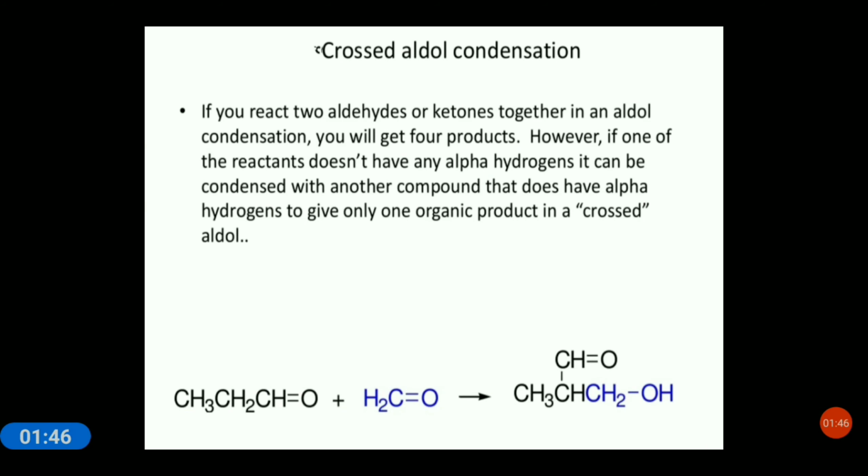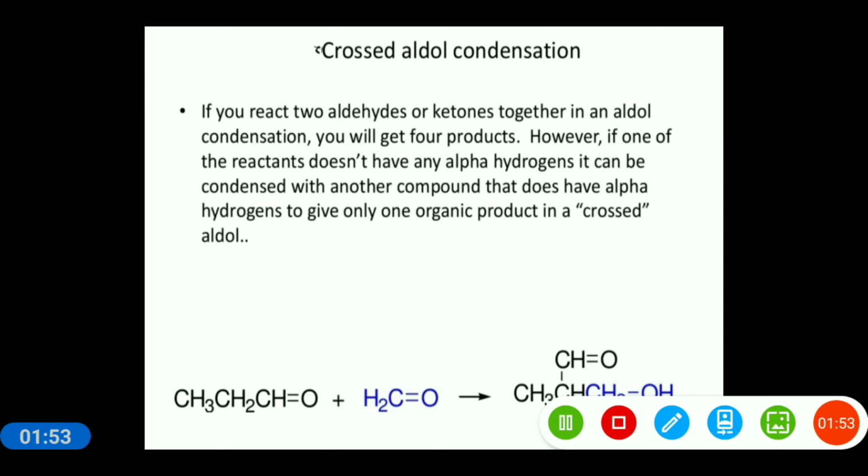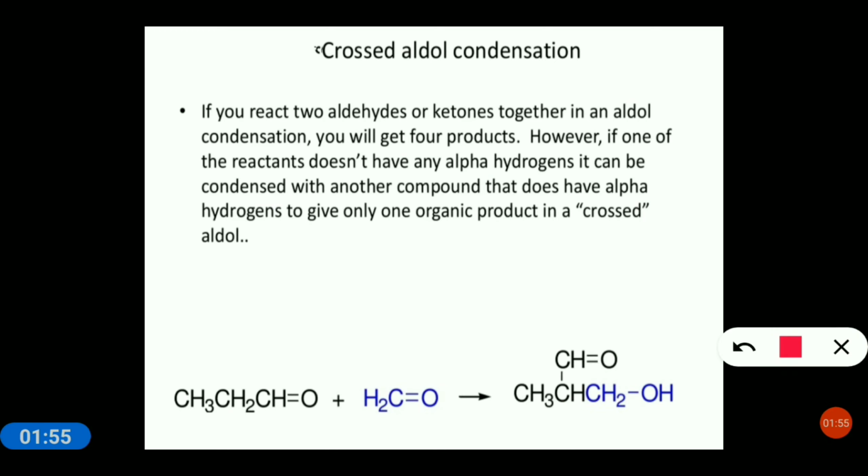When you talk about crossed aldol condensation, two different types of aldehydes or ketones can combine to form the aldol product. If you react two aldehydes or ketones together in an aldol condensation, you will get four products.